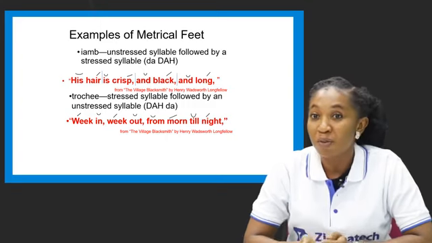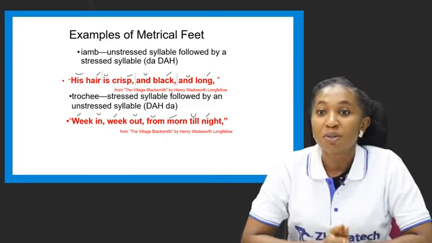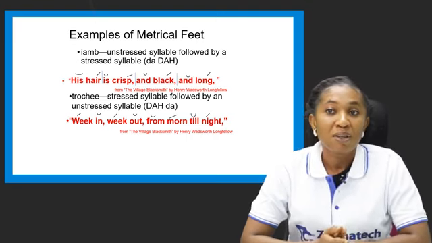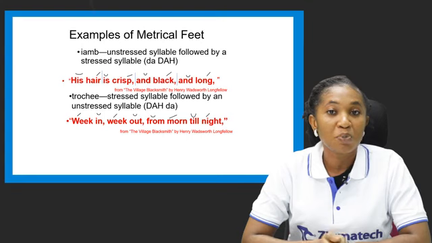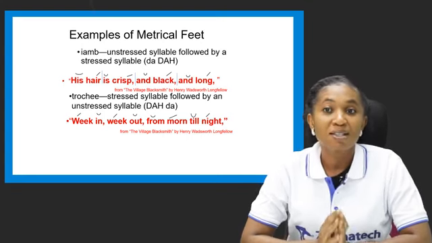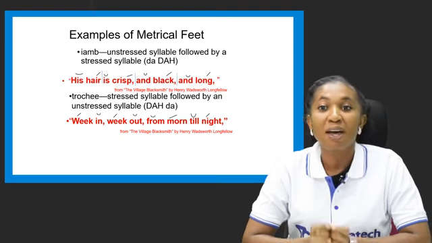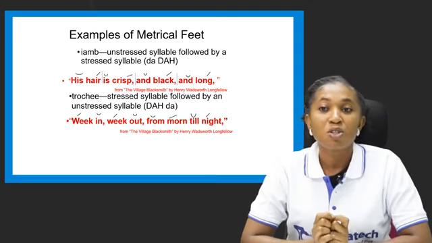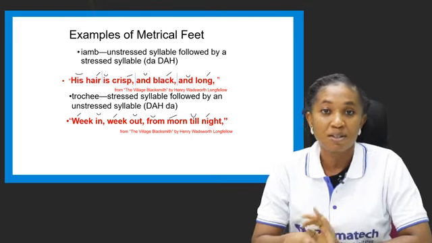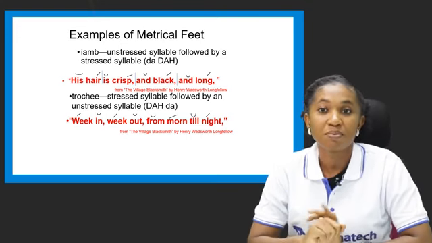Iamb is an unstressed syllable followed by a stressed syllable. Trochee is a stressed syllable followed by an unstressed syllable. So instead of da, da, we have da, da.